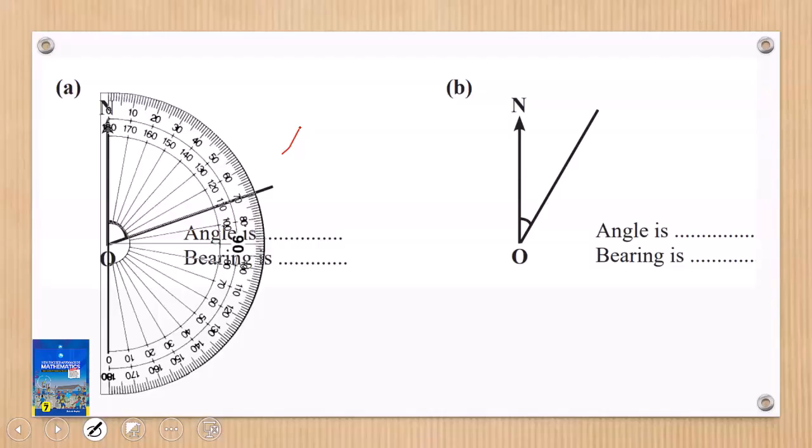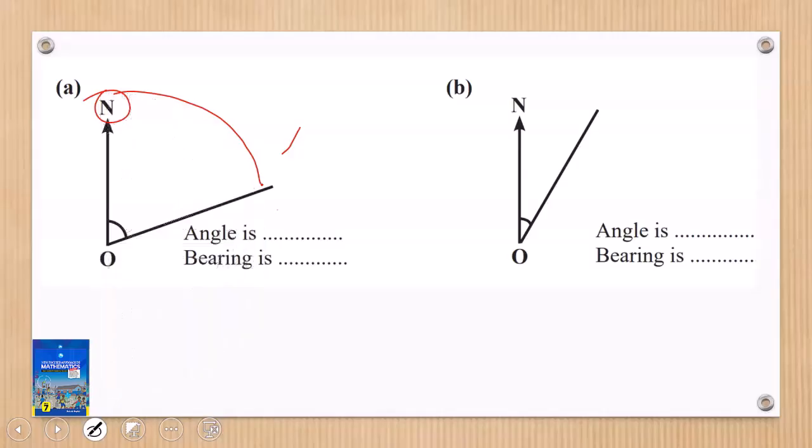So here we have from the 0 here, it moves this direction, and we have 70 degrees. So here our answer for the angle is 70 degrees, but then our bearing will be 070 degrees. You get it? So that is the bearing. So if I put P here, I will say the bearing of P from N becomes that.